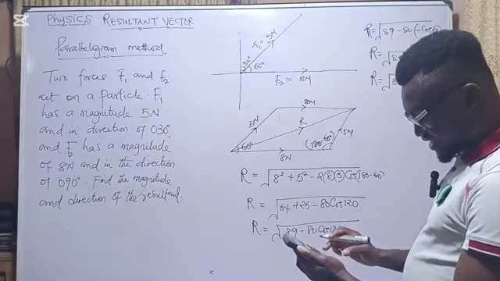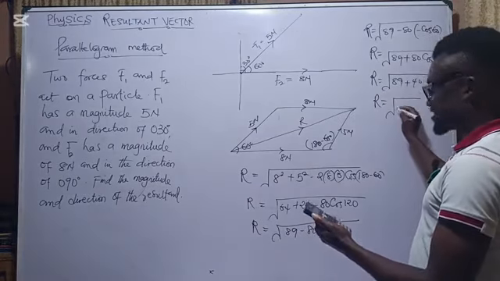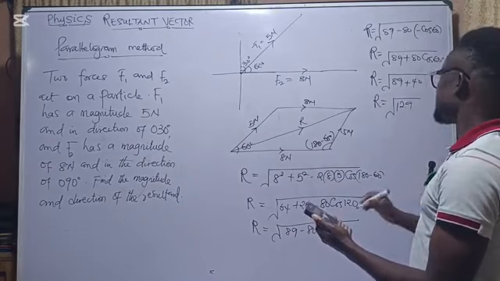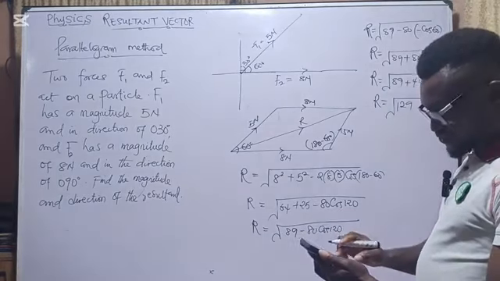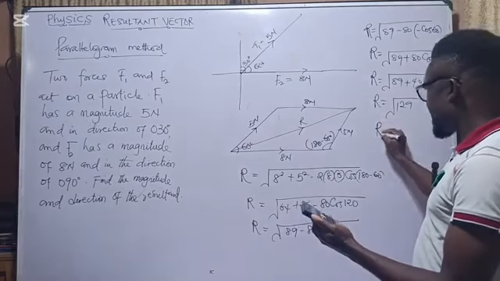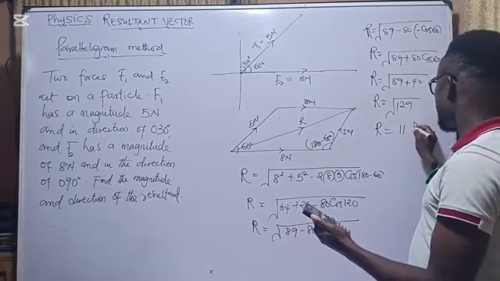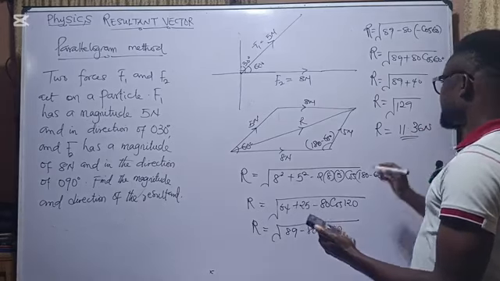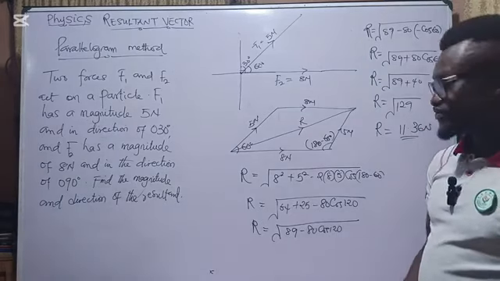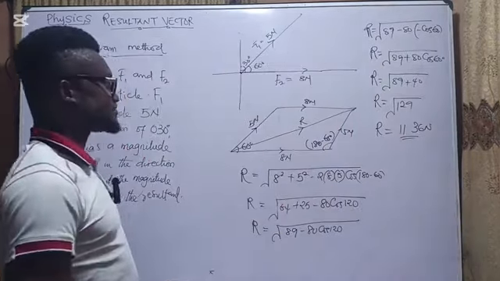If we add 89 to 40, we get the resultant as the square root of 129. So what's the value of the square root of 129? We are going to get 11.36 Newton, and that gives the magnitude. So the magnitude is 11.36.